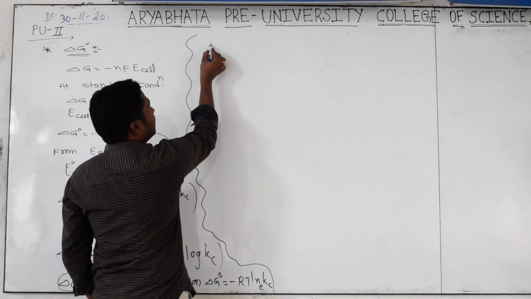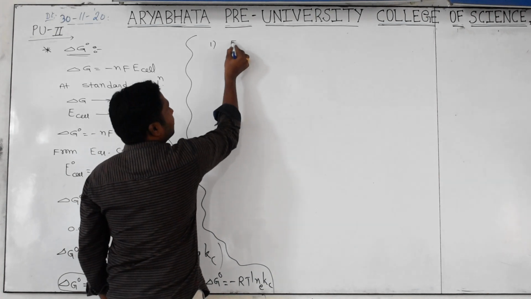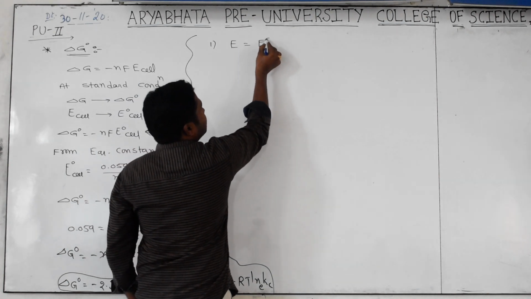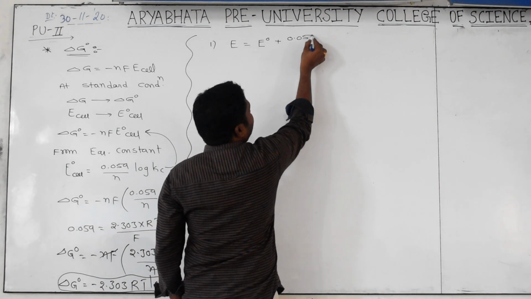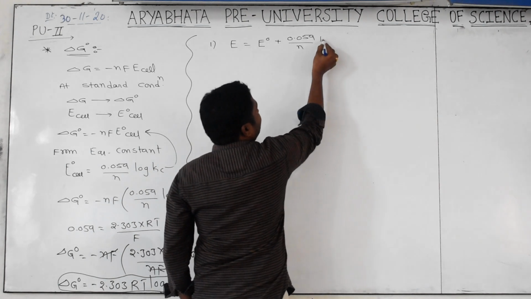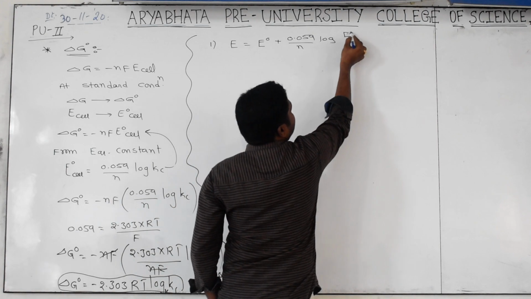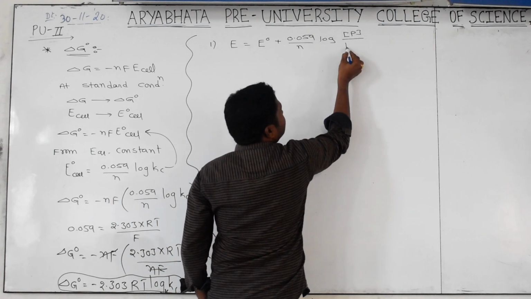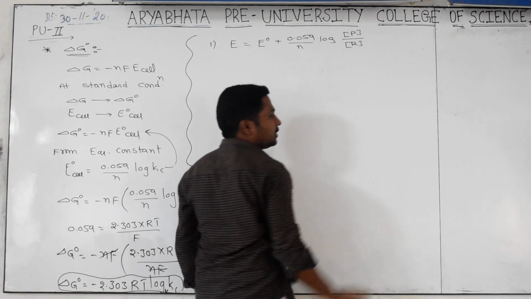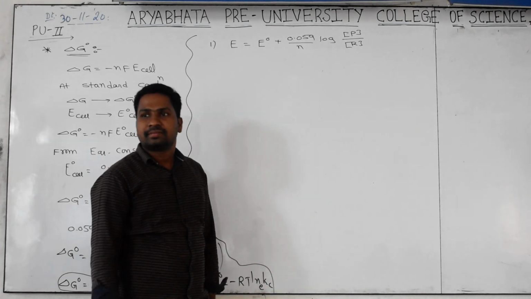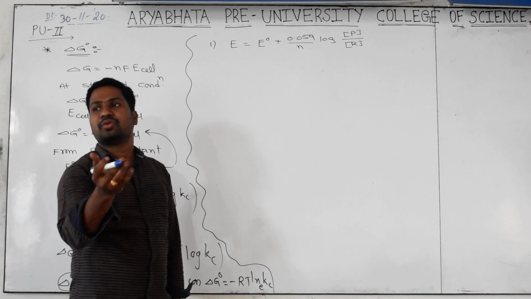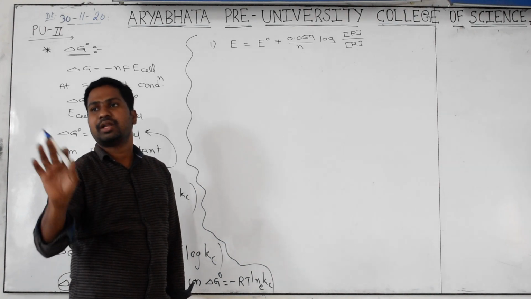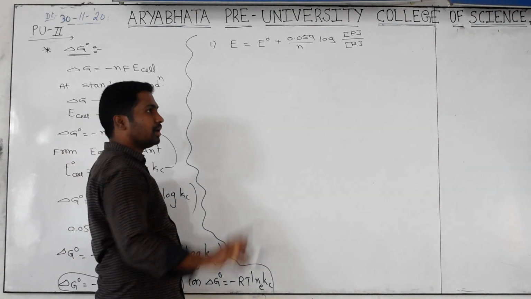The first formula under Nernst: electrode potential is equal to standard electrode potential plus 0.059 by n into log of concentration of the product ions by concentration of the reactant ions. Why am I using ions only? Otherwise solids and liquids have values that remain constant, or 1.